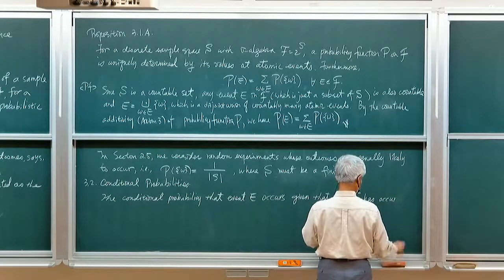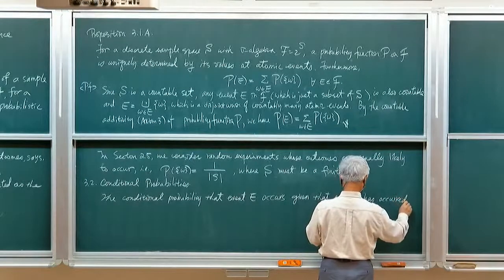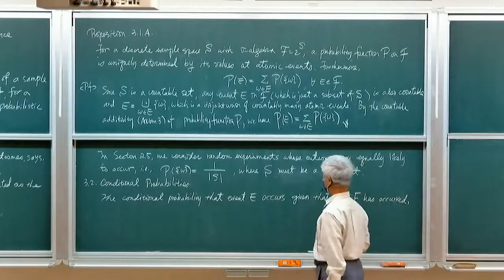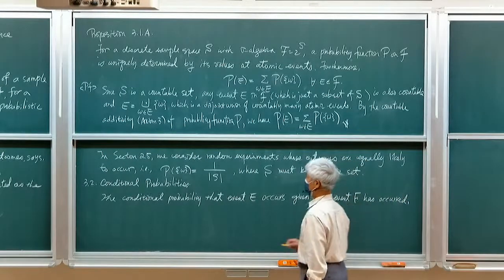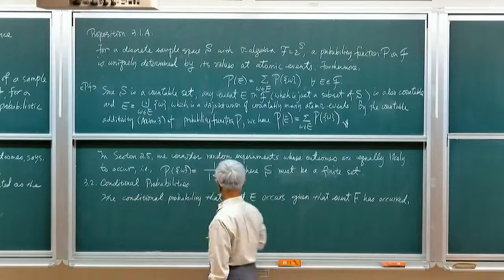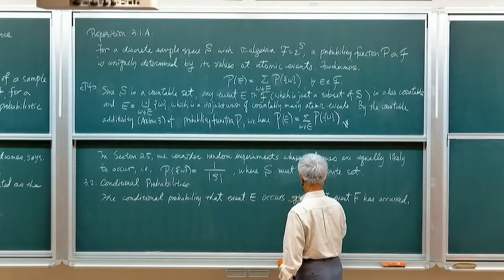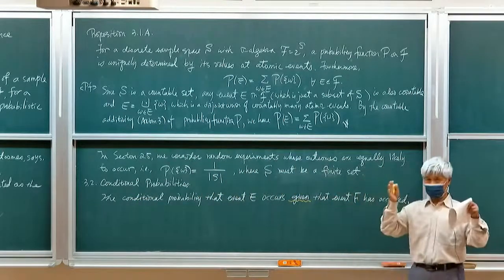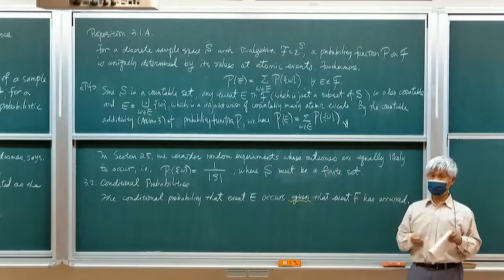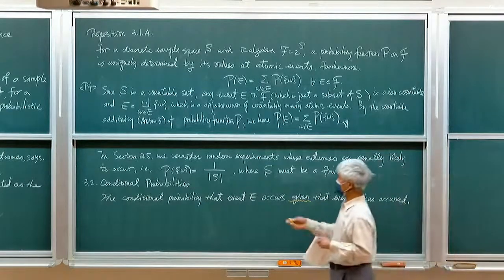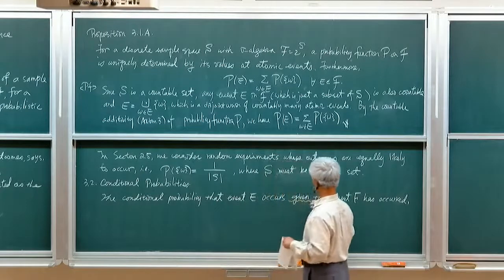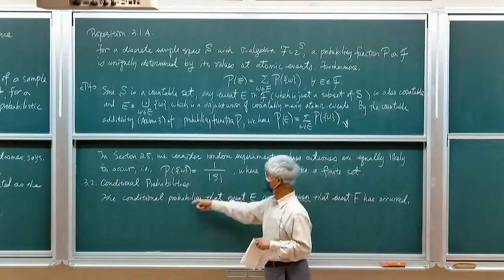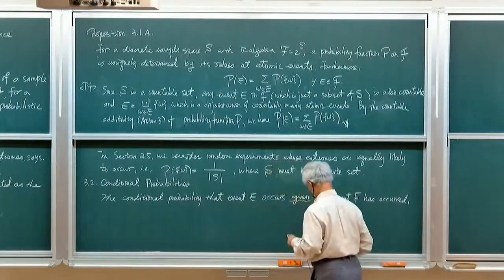The condition is that given. So given that event F, we know event F has occurred already, and then under this condition we want to know the conditional probability that event E occurs.